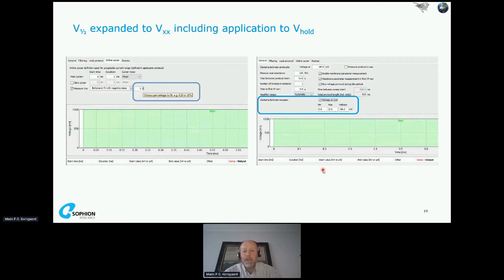So now both platforms are capable of executing what we call VXX adaptive protocols, because you can simply set the fraction of activation or inactivation of your channel in question that you want to detect online, and then use that result actively in the following segment to stimulate with, or you can apply it to the holding potential as the in-between sweep potential that you expose your cell to.